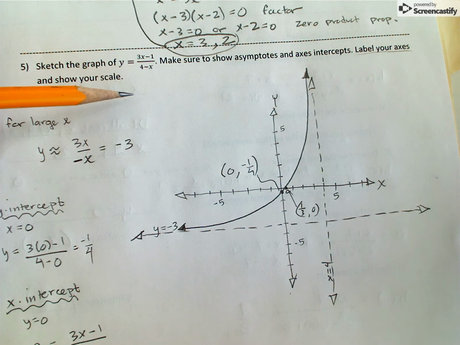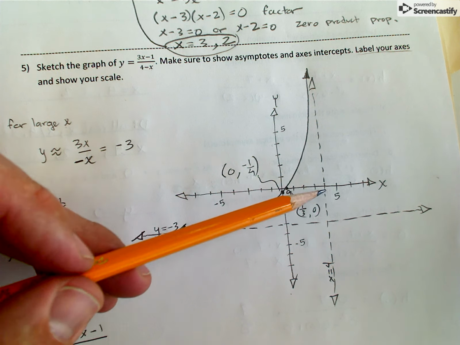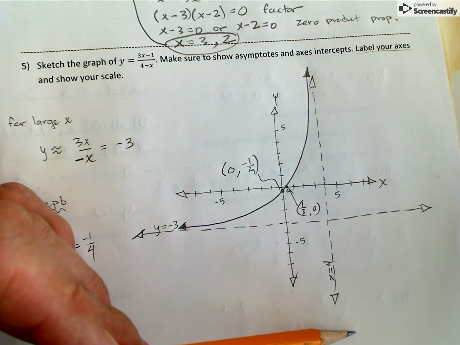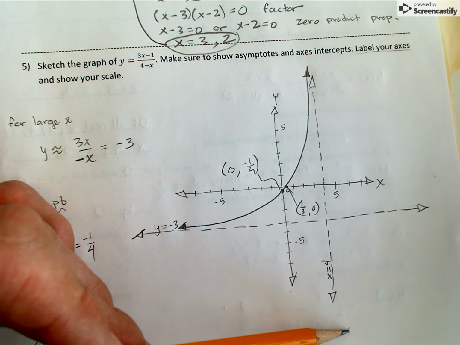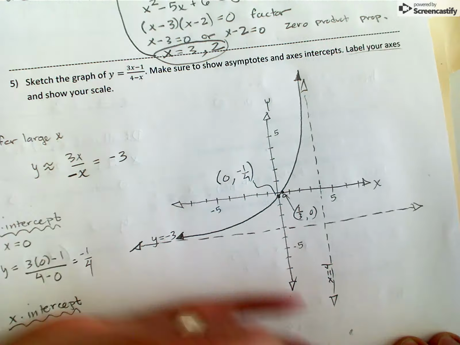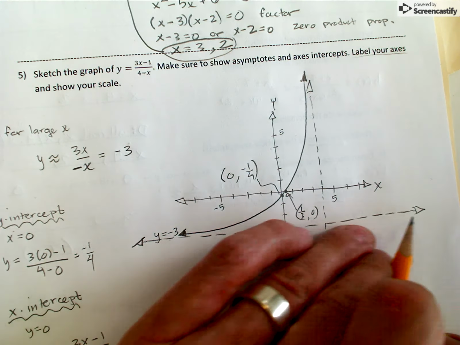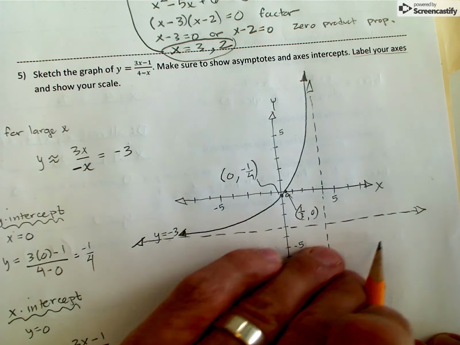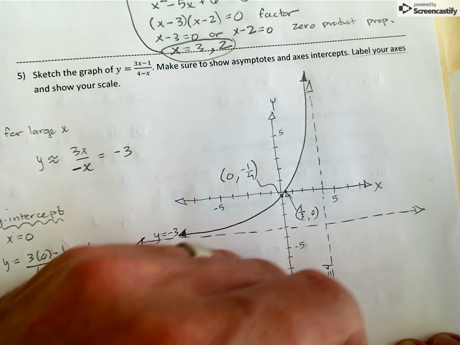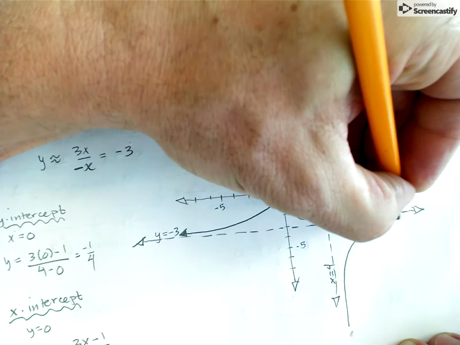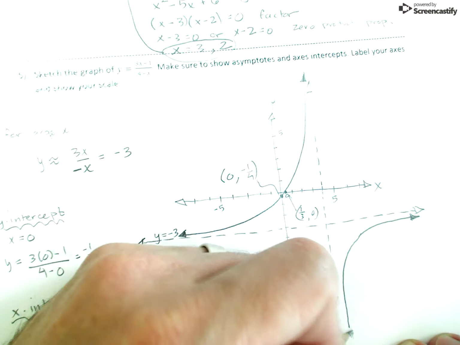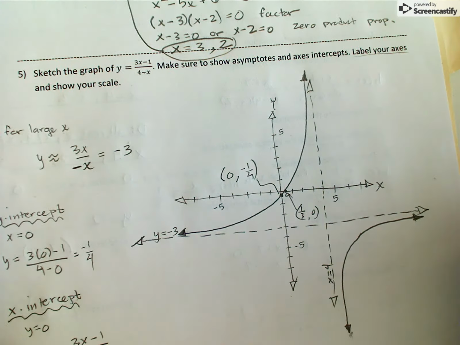So 14 divided by negative 1, that's negative 14. So when I put 5 into this function, I get some point like somewhere down here, negative 14. And that just tells me that this curve is going to be in this quadrant that's defined by the asymptotes. And so I'll just draw that in.